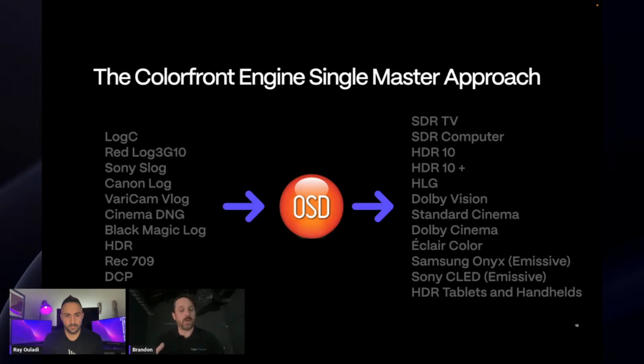You could bring it into OSD, which we'll demo, and use the tools to manipulate it. But then at the very end, we can use what we'll cover in the next couple of slides, the Colorfront engine and our perceptual remapping, to deliver all of the different color deliverables for your ODTs without having to change the color in front of it.